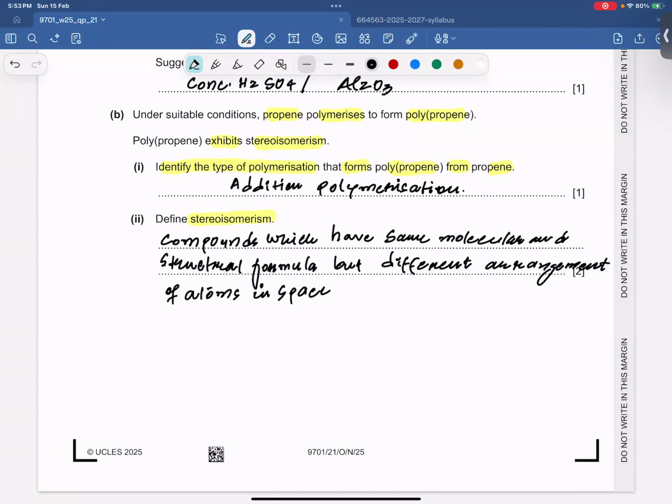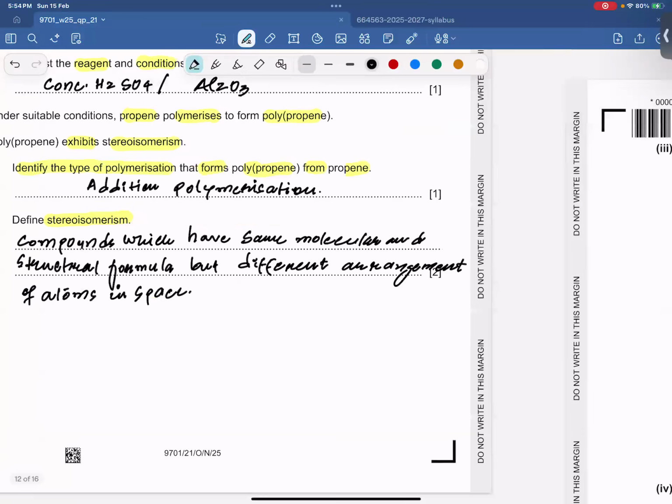Guys, the arrangement of atoms in space is also called spatial arrangement of atoms, okay? So it doesn't make any difference. Either you write different spatial arrangement of atoms or different arrangement of atoms in space, it is the same thing, okay? Let's move on to the next part of the question.